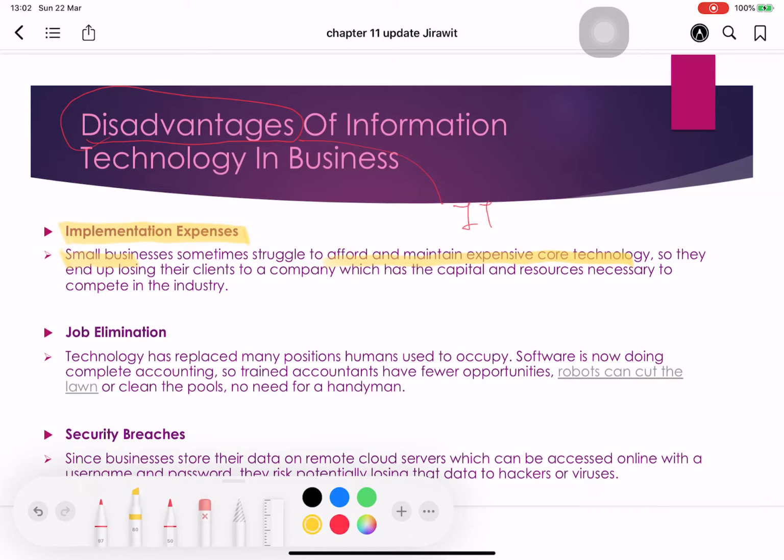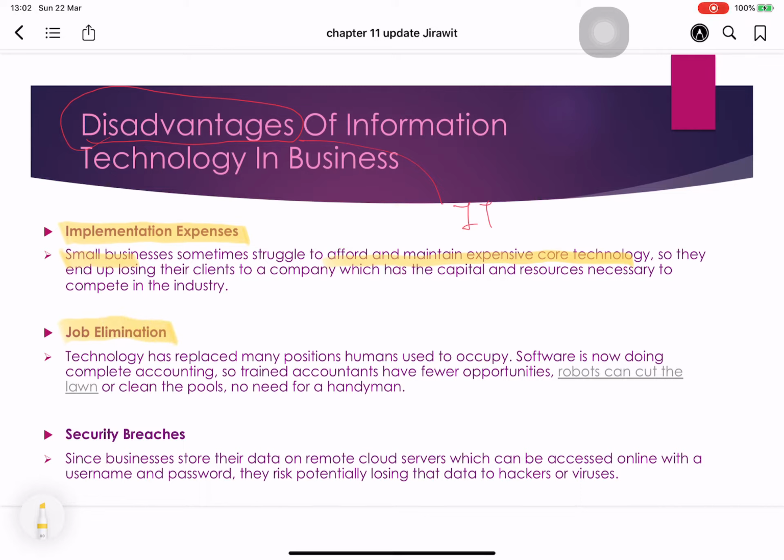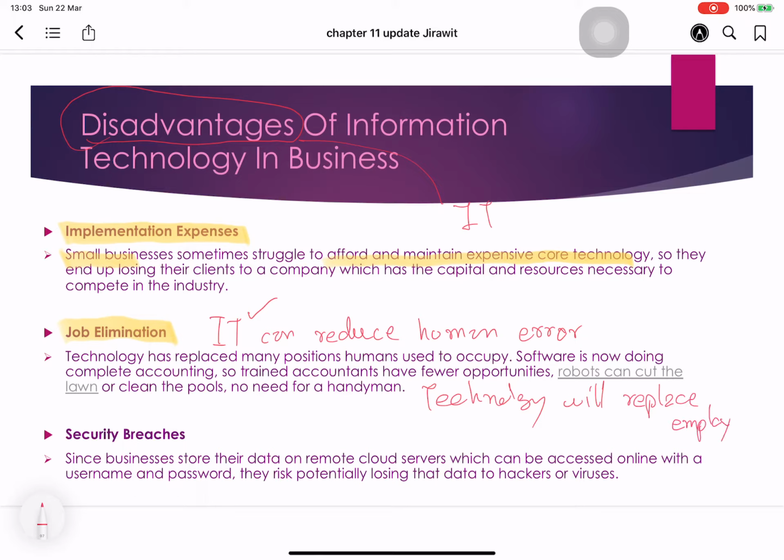And you may lose your job through job elimination because the technology will replace the human, because IT can reduce human error, right? In the future, technology will replace employees. Okay? And this can be the AI that we have heard a lot about.